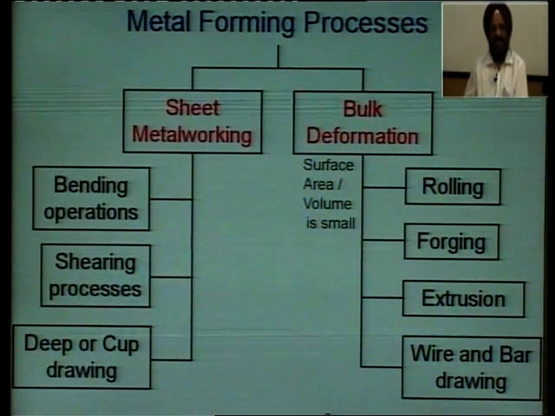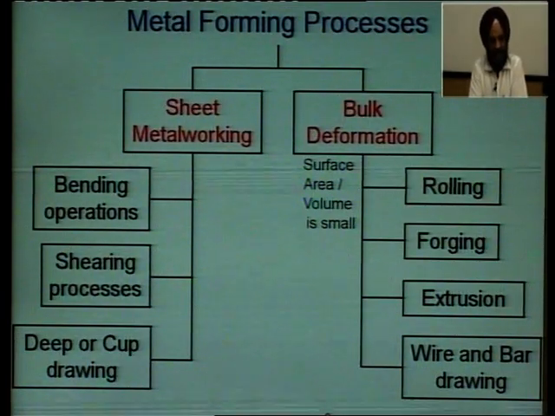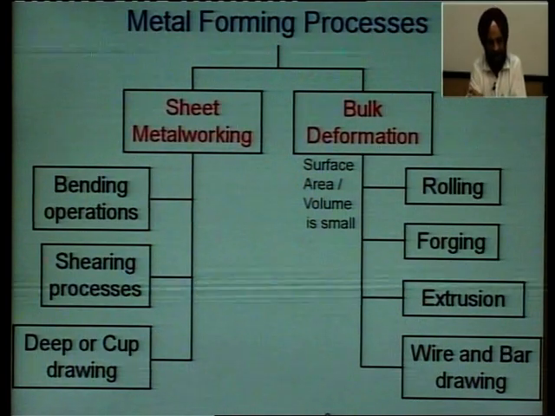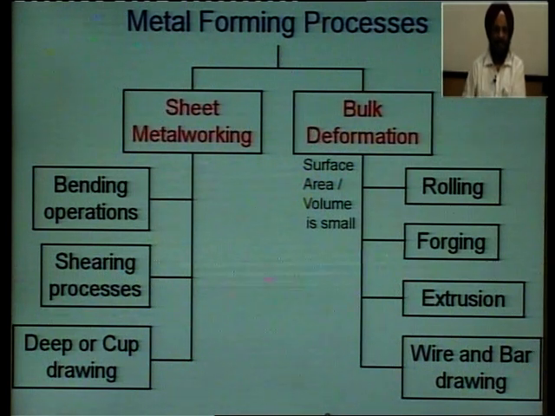Now these are the processes under sheet metal working: bending operations, shearing operations. Shearing means cutting operations, deep or cup drawing, where you have to make shapes like your tea cup. Rolling, forging, extrusion and drawing processes come under bulk deformation, where surface area to volume ratio is small.